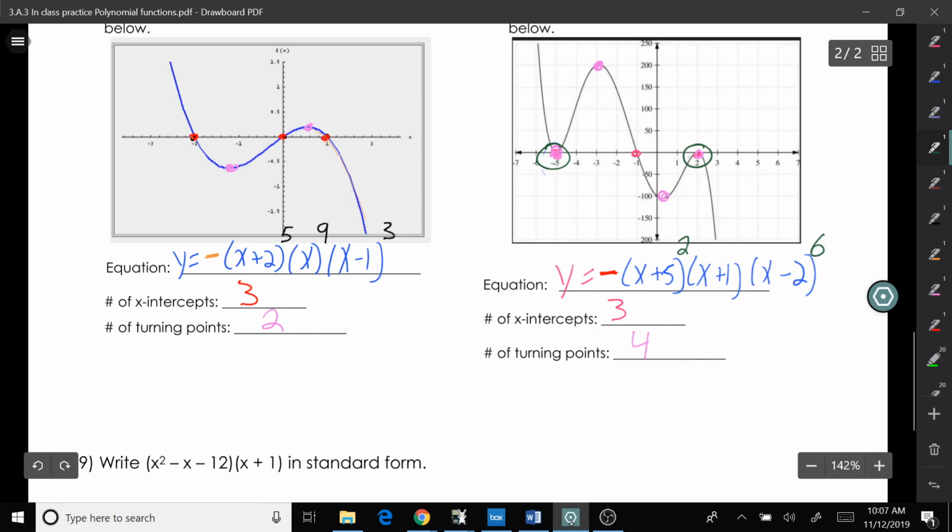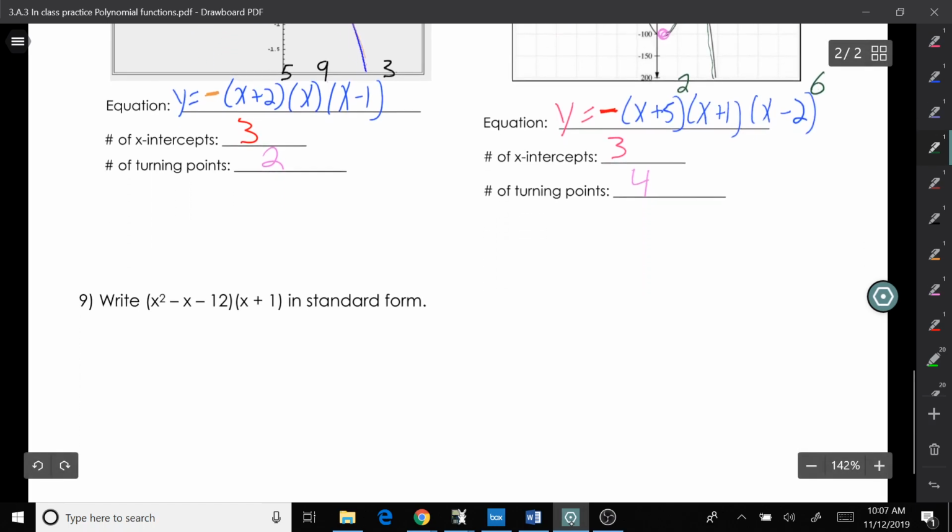Our graph goes down, touches, and comes back up. Over here, our graph is coming up, touches, and comes back down. And so you really need to determine at your intercepts, are you crossing, like right here, we're crossing the x-axis at this zero. But in my two areas over here, we are bouncing.